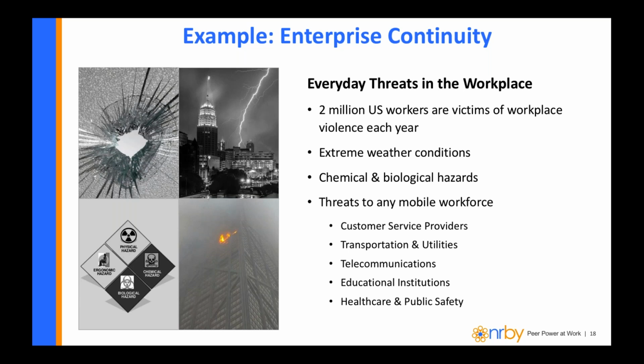Educational institutions like campuses, college environments could greatly benefit from this kind of a mobile collaboration system that would let students and faculty instantly inform and be informed about the nature of a threat or a hazard in real time. And healthcare and public safety workers can be assisted to provide protection to themselves and their coworkers as well.